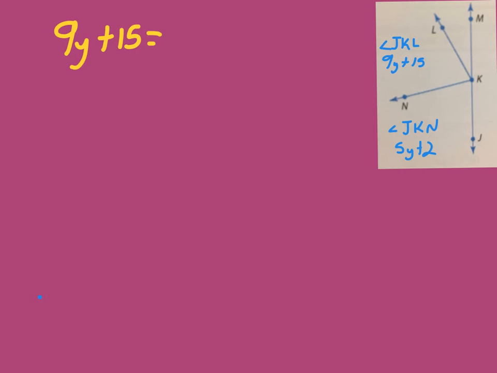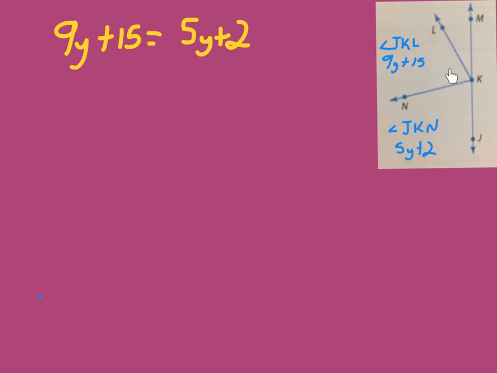We also know that JKN is 5y plus 2. Now that's not going to work. Here's why. 5y plus 2 is just this side of the angle. It's just this half. JKL is the whole thing. What we don't know is this half right here.